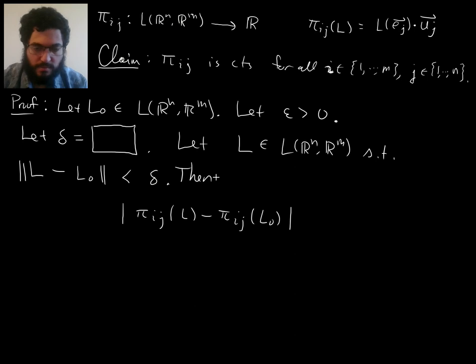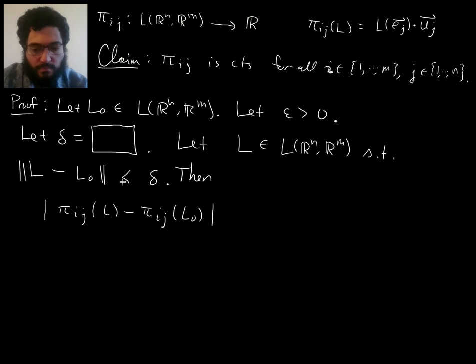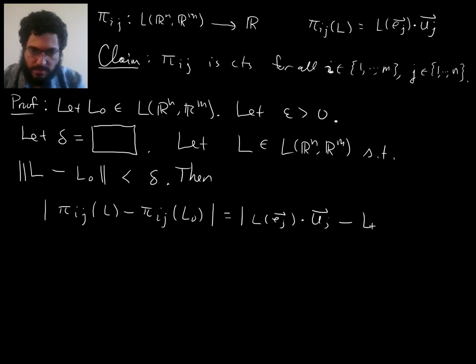So I can say then we have this is, by definition, L E_j dot U_j minus L0 E_j dot U_j. Now I can pull out the dot with U_j, right? So I can view it as L E_j minus L0 E_j dot U_j. Let me just write it that way first.